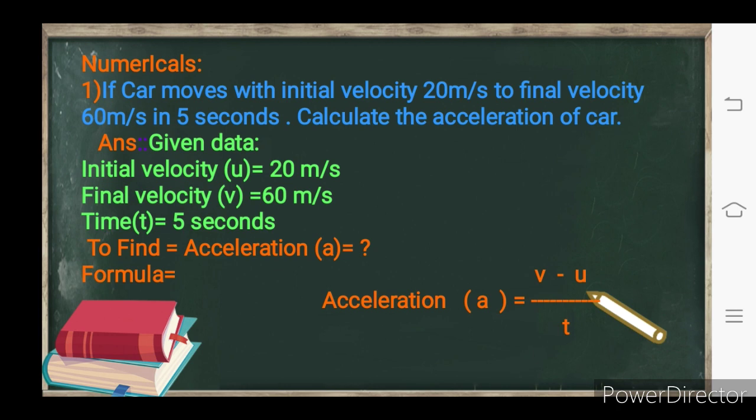Given: initial velocity u equals 20 meter per second, final velocity v equals 60 meter per second, time t equals 5 seconds. To find acceleration a. Formula: acceleration equals final velocity minus initial velocity upon time. That means a equals (v minus u) upon t.